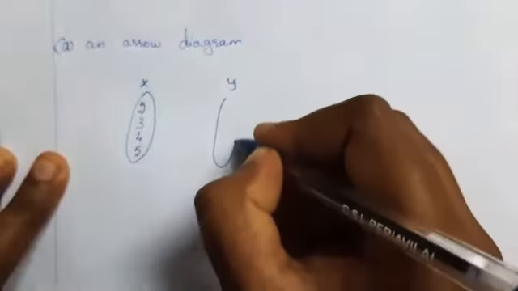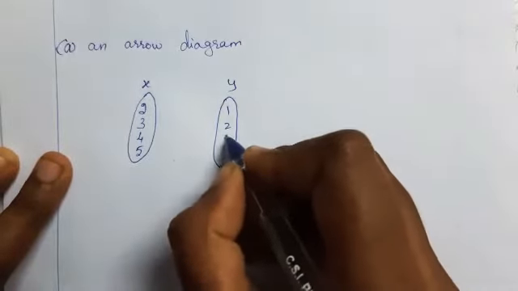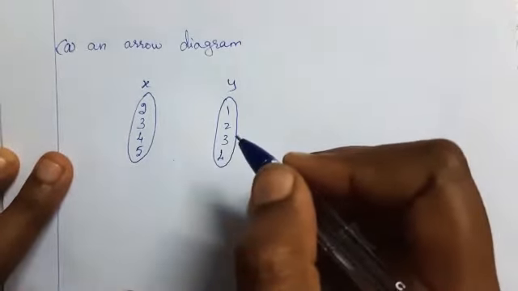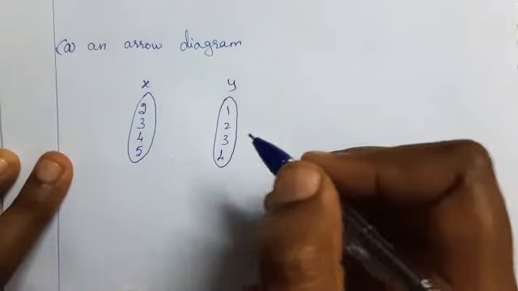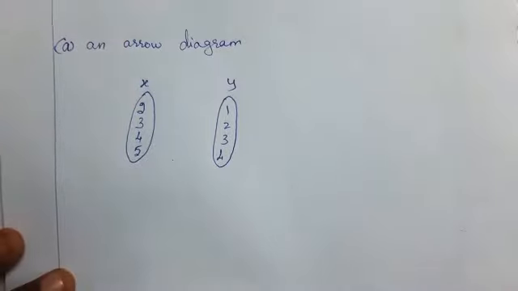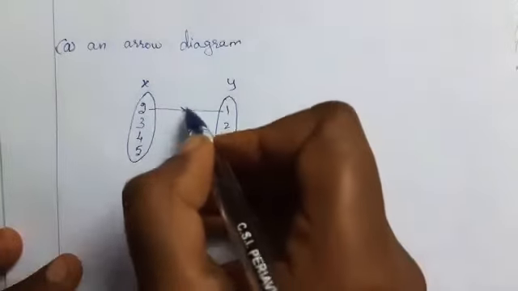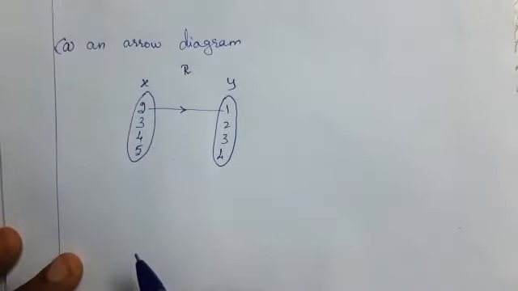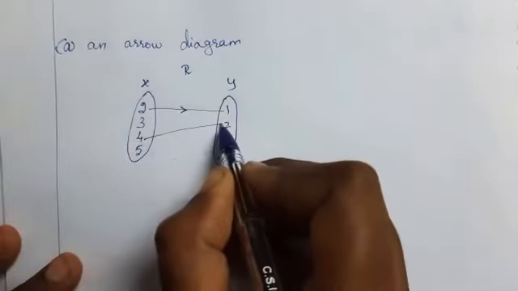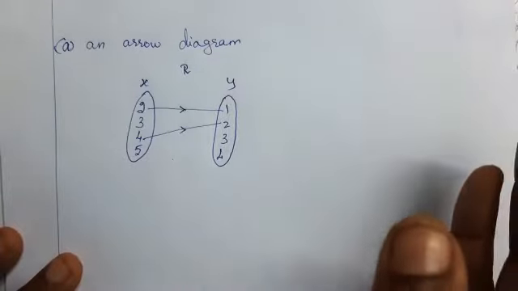In the y set, you have the elements 1, 2, 3, 4. Now see the relation. First you have the element (2, 1). Draw the line from 2 to 1. This is the relation. Next, see the element (4, 2), from 4 to 2. That's all. This is an arrow diagram.